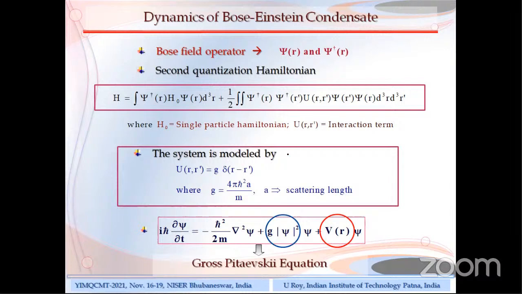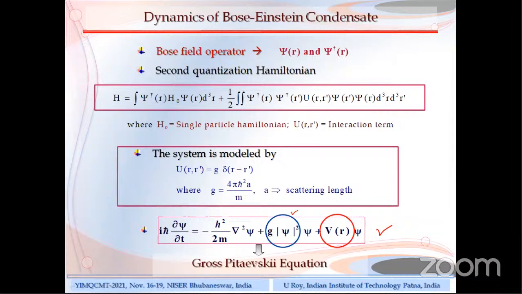But when you think that this is a short range interaction, we actually arrive at this equation, which is called the Gross-Pitaevskii equation. And this equation almost looks like a Schrodinger equation, except the term which is given in the blue circle, because the red circle term is already there in the Schrodinger equation, but the blue circle term makes the life completely different.